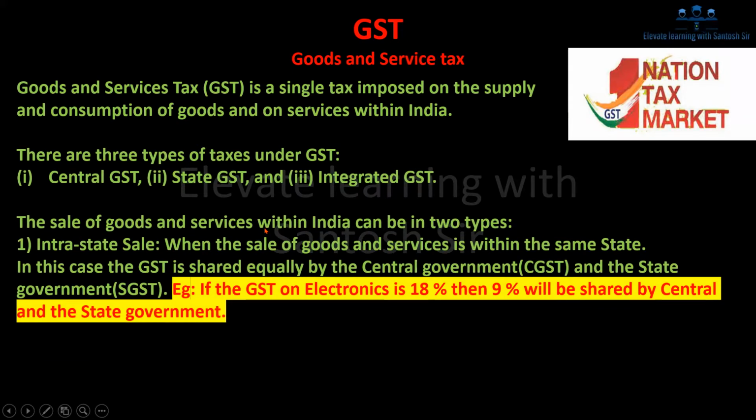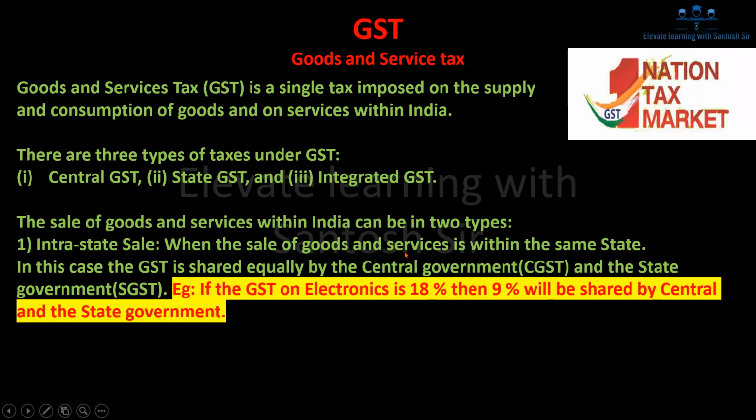The sale of goods and services within India can be of two types. Either you will sell the goods or service within your state, or you will sell it outside your state. According to this, we have two types of system. The first is intrastate, which we will be covering in this complete module.